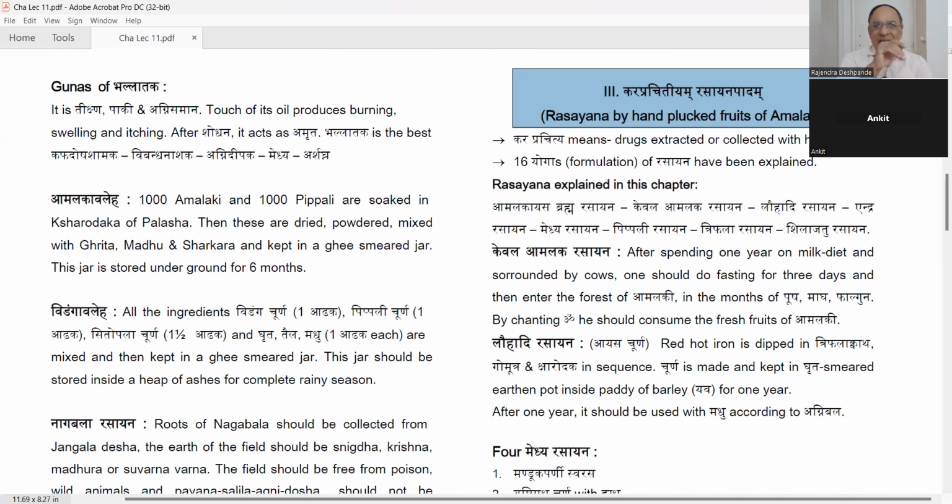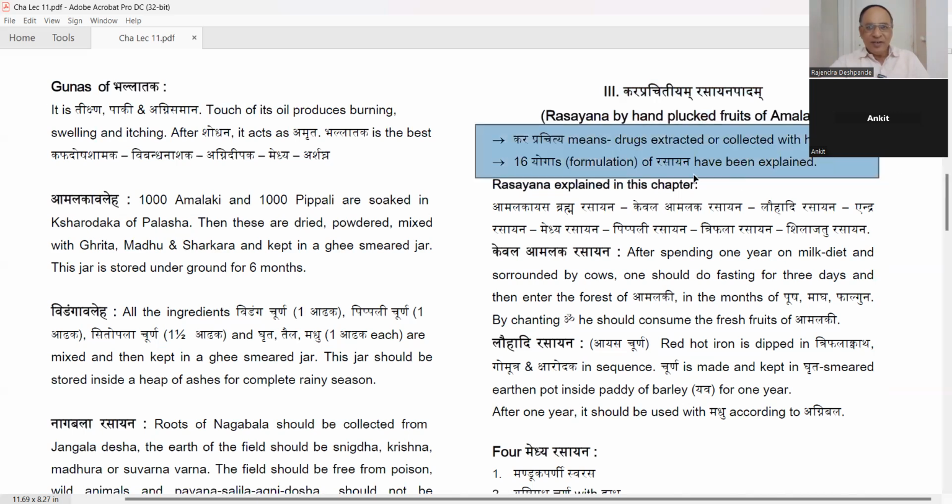The Rasayana from the fruits which are collected with the hands. That's why the name is Karaprachitiya Rasayanapada. Karaprachitiya means drugs extracted or collected with hands.